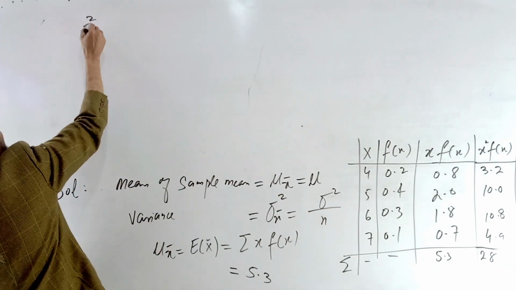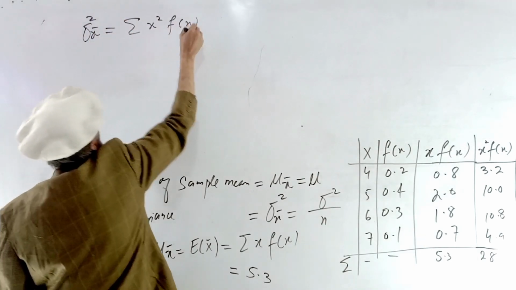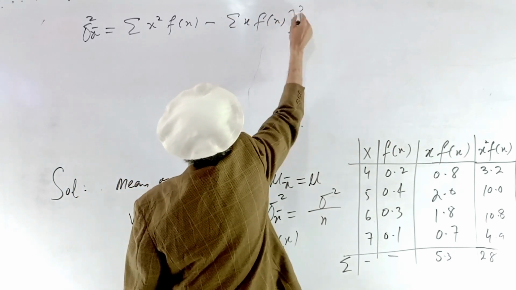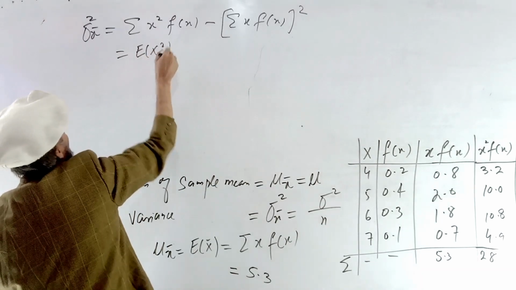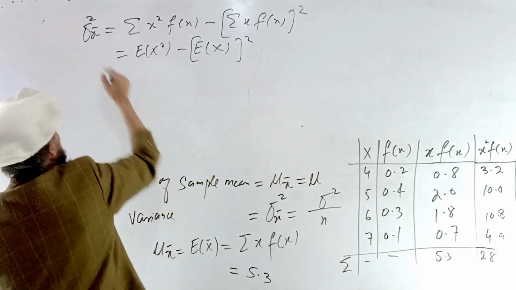Variance of x bar we can write as summation x squared f of x minus summation x f of x, whole squared. That means expected value of x squared minus expected value of x, whole squared. We can write it in this form.